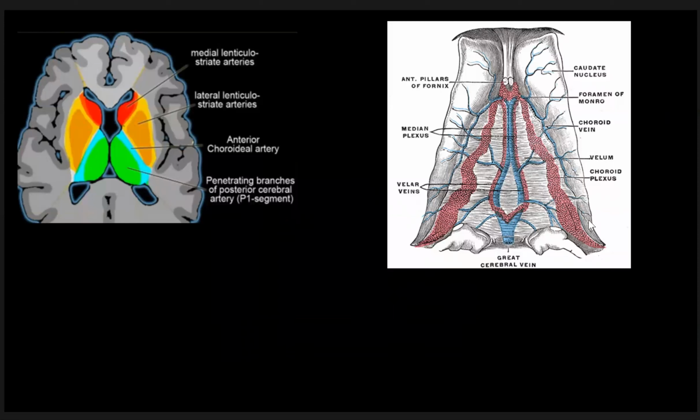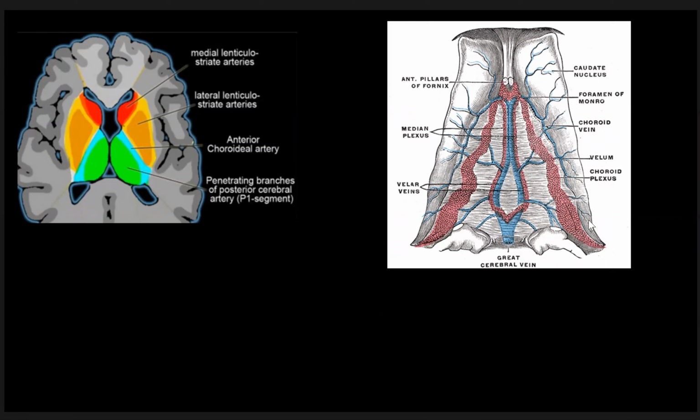The blood supply to the basal ganglia: the arterial supply is from the lateral and medial lenticulostriate arteries from the middle cerebral arteries, and the thalamus is supplied by perforating arteries from the posterior cerebral artery.